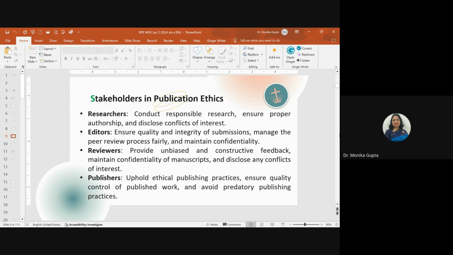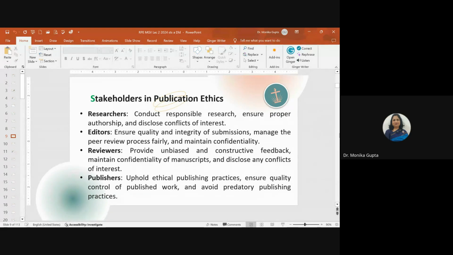Editors manage the publication process, ensuring fairness and upholding quality standards. Reviewers provide unbiased feedback, shaping the quality of published research. Publishers ensure the integrity of the journals they manage and avoid unethical practices. So I hope this is clear to all.